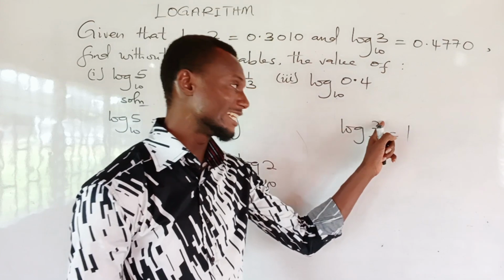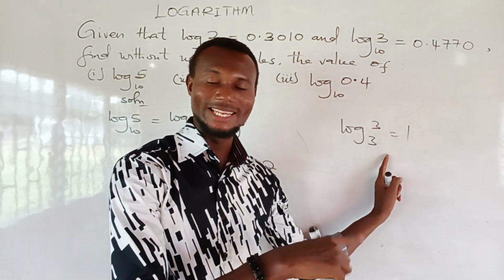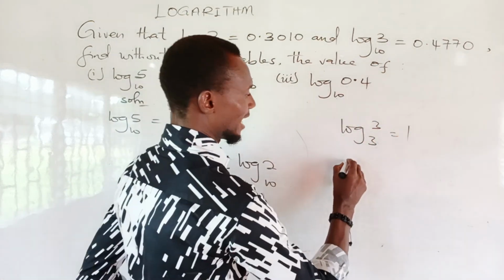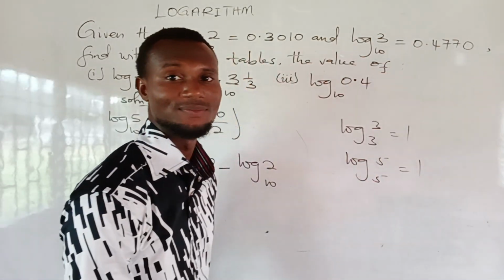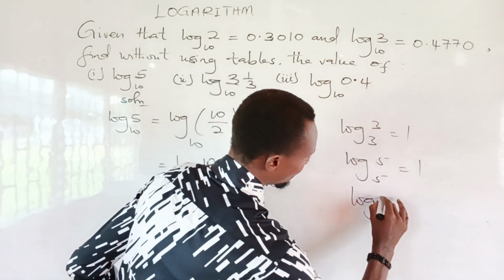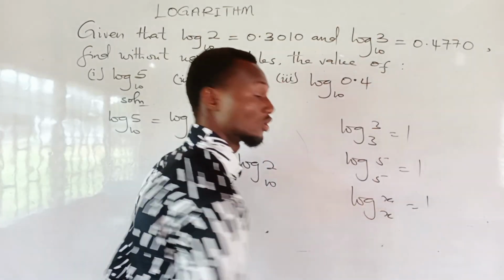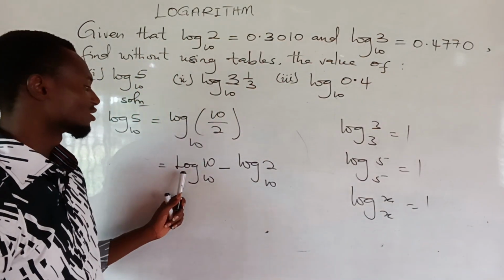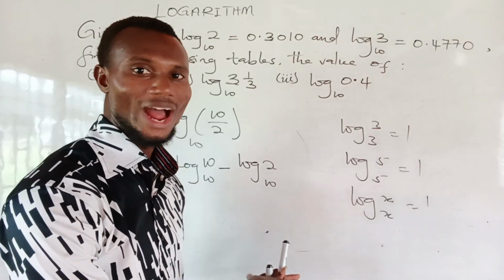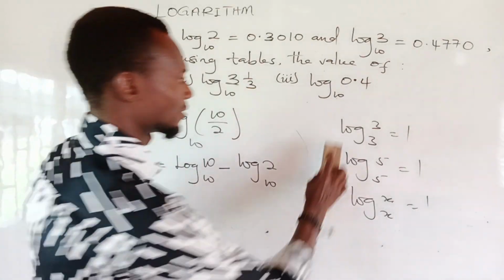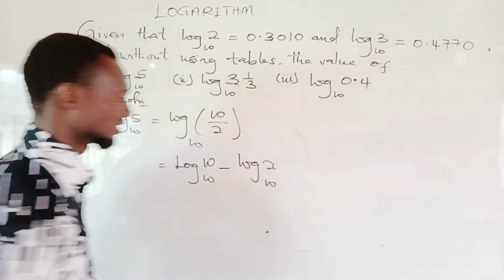If I have the log of 5 to the base 5, it's equal to 1. If I have the log of s to the base s, it's equal to 1. So in place of this log 10 to the base 10, I'm going to put 1 there. So let me clean this from here and let's proceed.